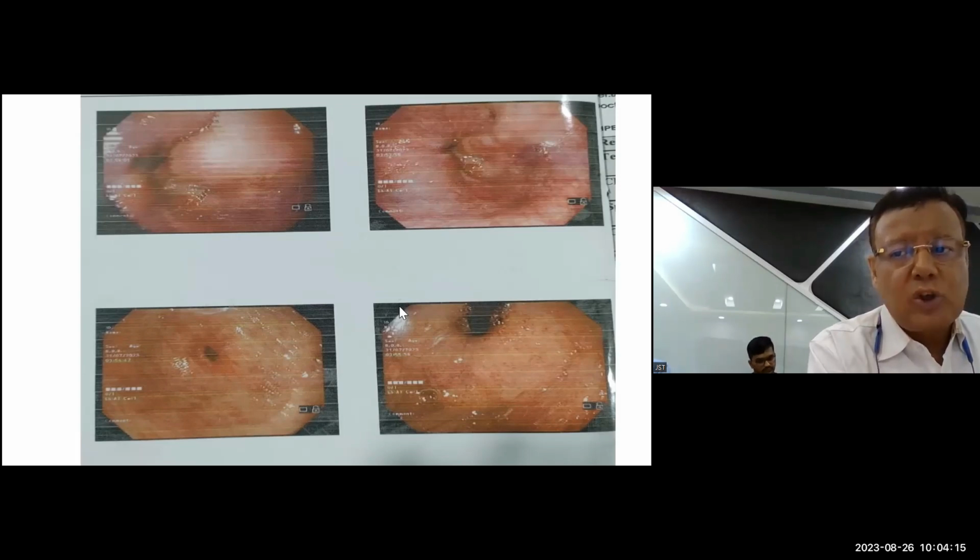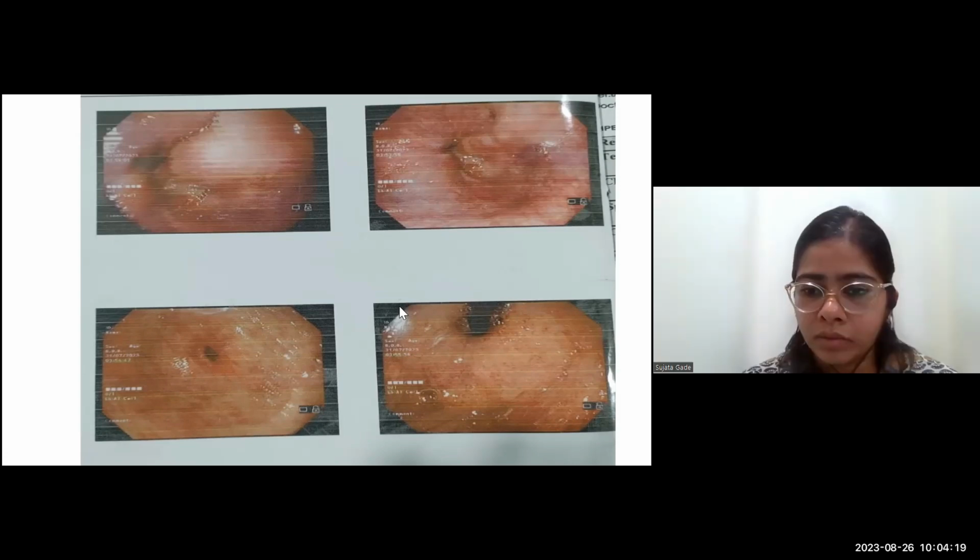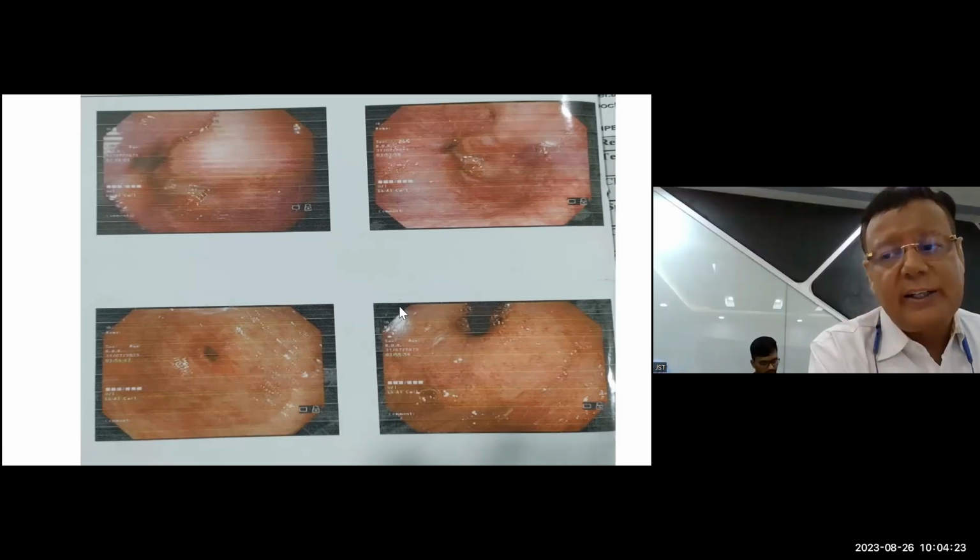Sir, in case it comes out to be advanced disease, they may have to continue with the chemotherapy. Yes, sir. But because the chemotherapy has to be given at the end of the third week, they will get a PET scan done at the third week. We need to delay the PET scan because the timing between the PET scan and the surgery needs to match. We can't do a surgery after 3 weeks of a PET scan.